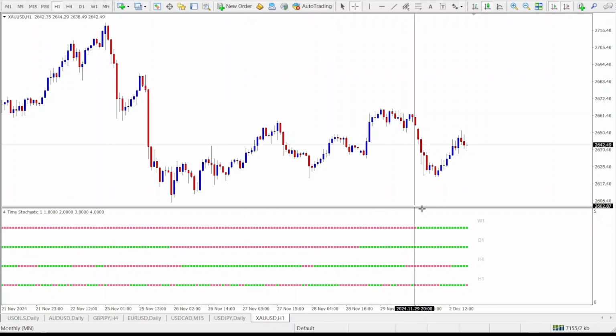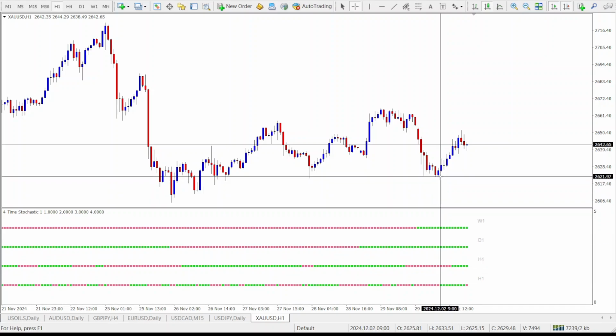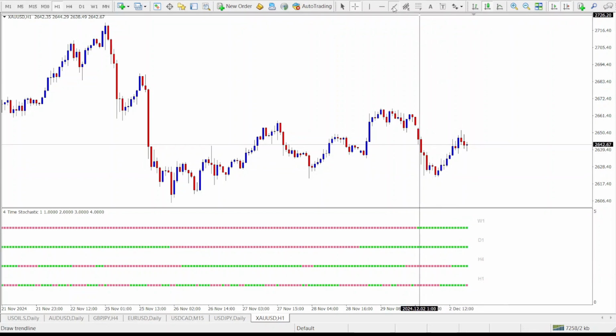So let us discuss the 1 hour time frame, since we are currently on the 1 hour time frame. When the first green dot formed, this showed that there was already an oversold condition, and we could have a bullish reversal. And you can see that shortly afterwards we actually had a bullish reversal.